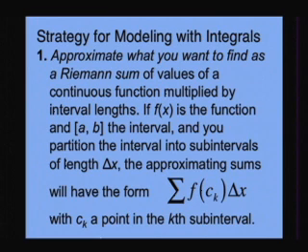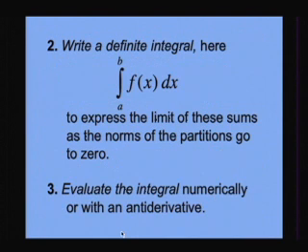If f of x is the function and [a, b] is the interval, and you partition the interval into subintervals of length delta x, then the approximating sums will have the form summation of f of c sub k times delta x, with c sub k being a point in the kth subinterval. Step 2, write a definite integral, in this case the integral from a to b of f of x dx, to express the limit of these sums as the norms of the partitions go to 0. And step 3, evaluate the integral numerically or with an antiderivative.